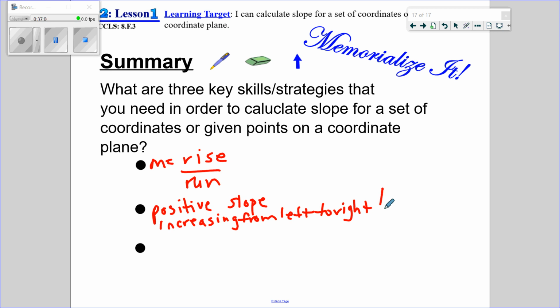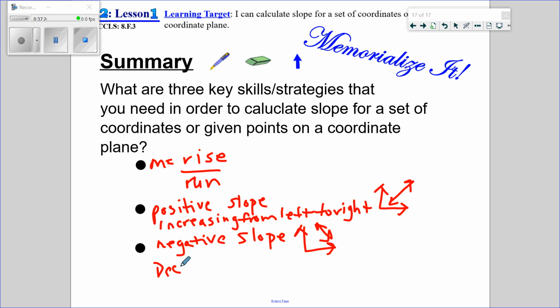So if it's on the graph, it goes upwards. Let's do a negative slope. Again, we have our coordinate plane, and it's going downward. So it's decreasing from left to right.